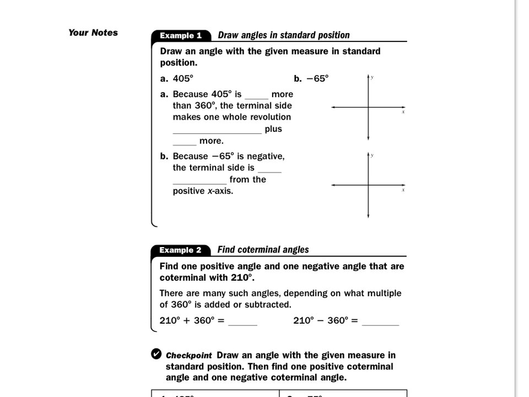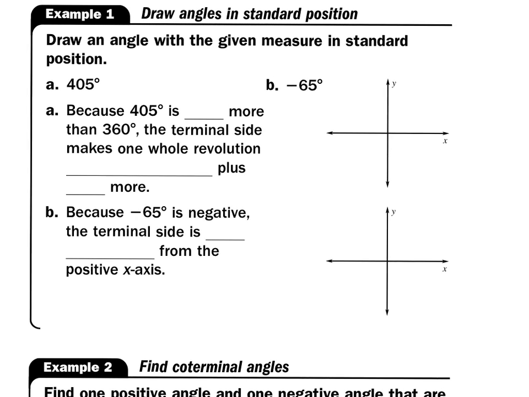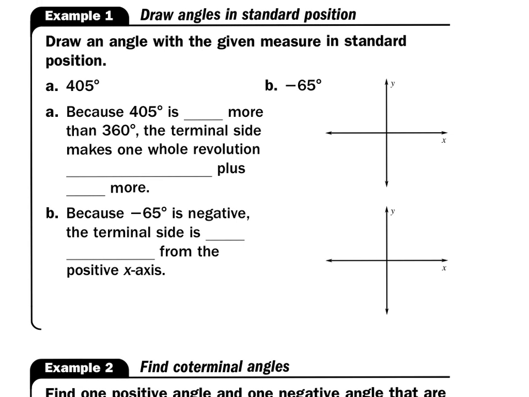All right, so if I'm asked to draw an angle with the given measure, like 405, well, if I take this thing at 405 and say, oh, what's that? If I do a 360 degree slam dunk, I'm back to here. So 360 plus 45 brings me right to there.